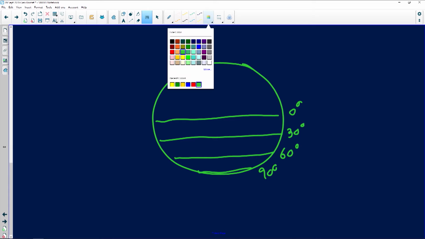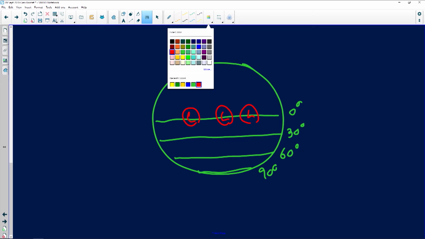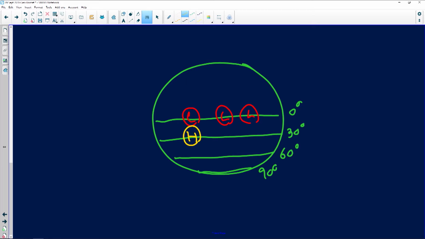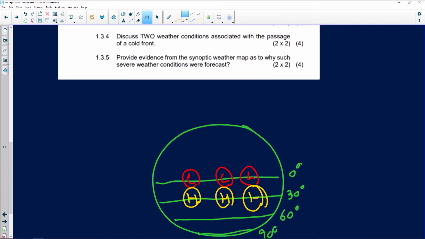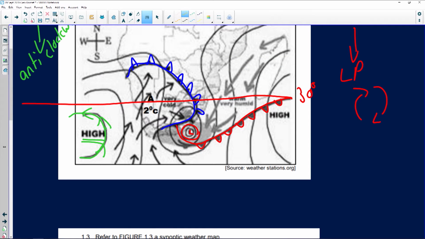We are situated on that 30-degree latitude line, and we are dominated by the high pressure belt. The reason I mentioned it's quite stationary is because we are situated on the 30-degree latitude line.